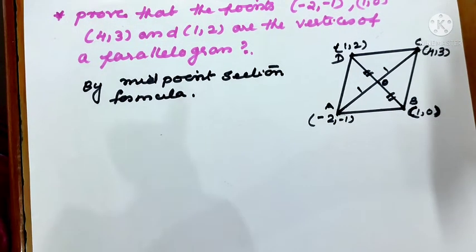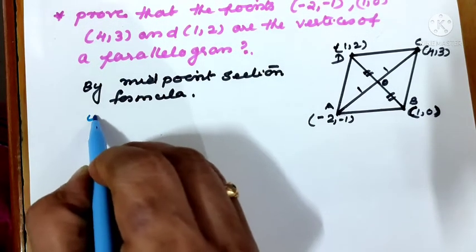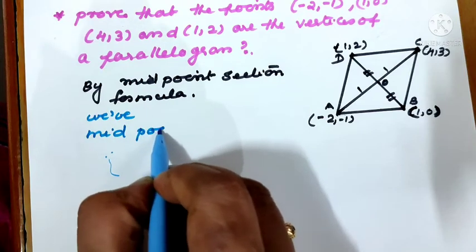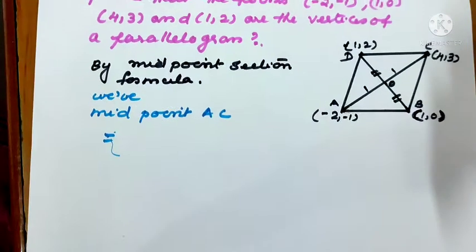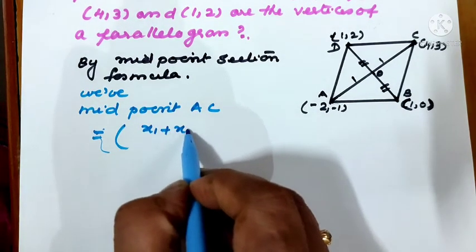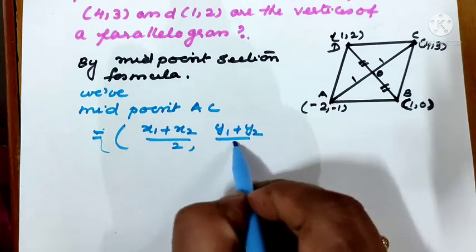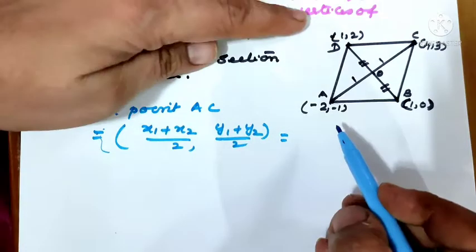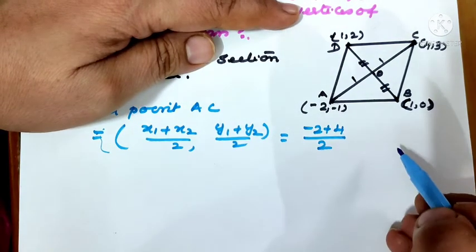The coordinate O of the diagonal AC: midpoint of AC is equal to, once we write the formula, (x1 plus x2) by 2, (y1 plus y2) by 2. So what is the value for AC? The x values are -2 and 4, the sum divided by 2.